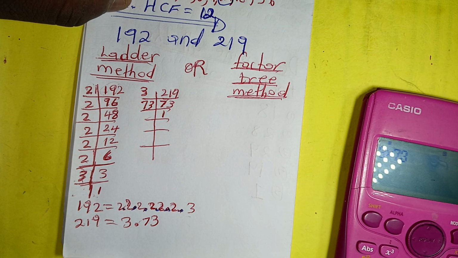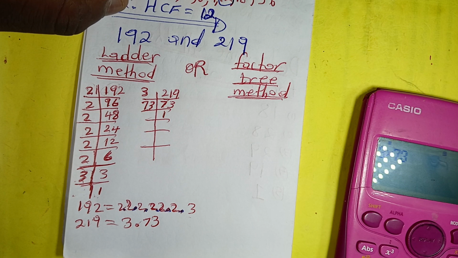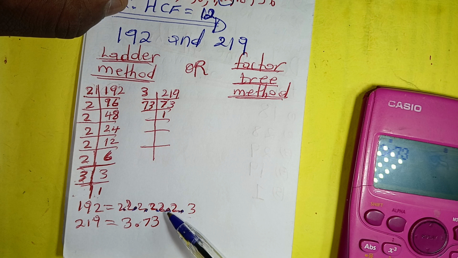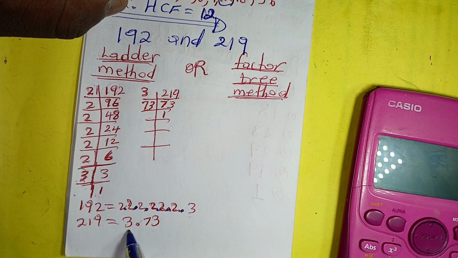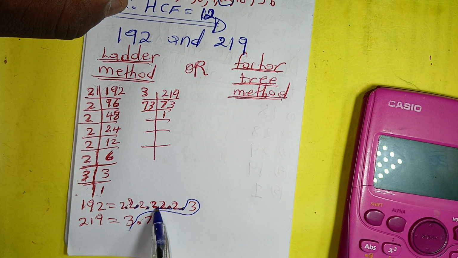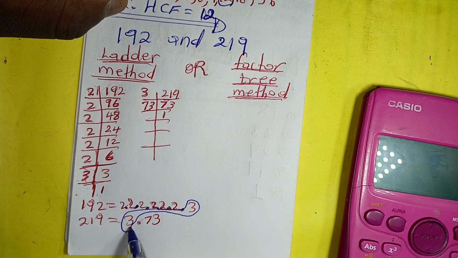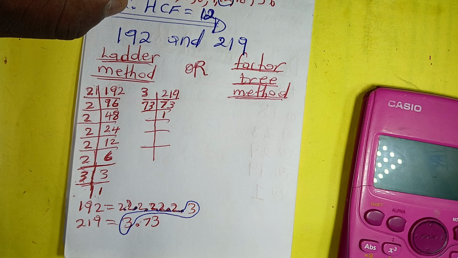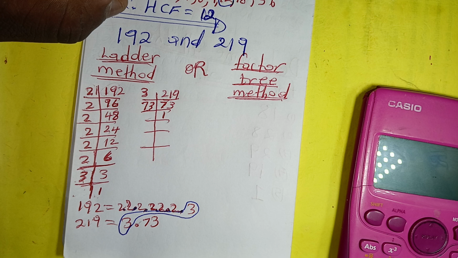So now, guys, what we should take here is the prime factors which are common on both sides. Here we got 3, which is also here we got 3. Do you see? Now what we have to do with these prime factors, guys, is we only take them once.